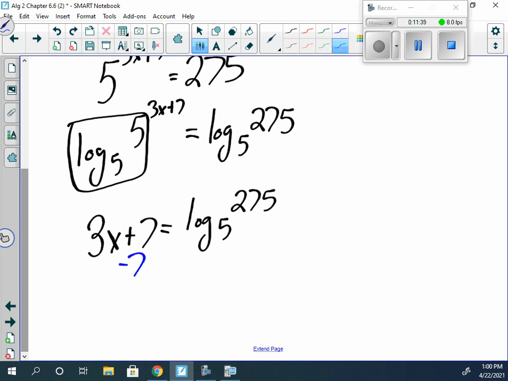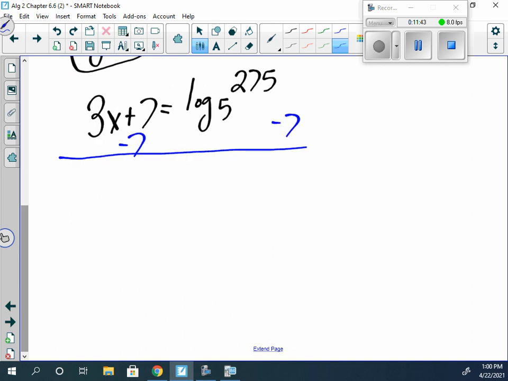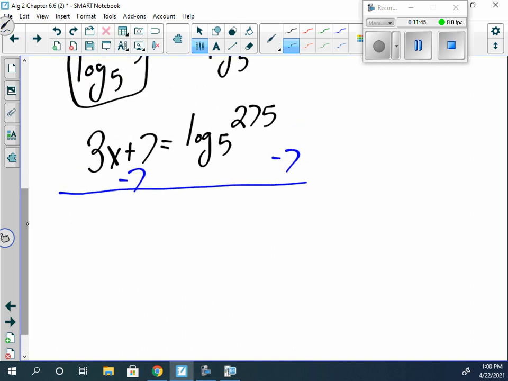We can subtract 7 from both sides. Now these will cancel, leaving us with 3x is equal to log base 5 of what? We just put it on the end.